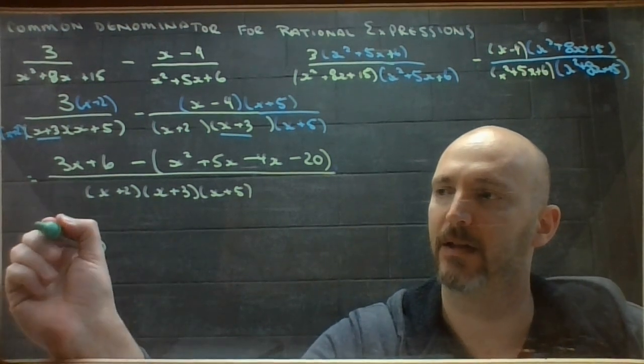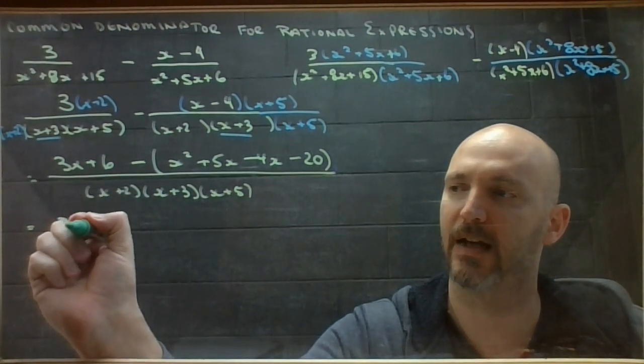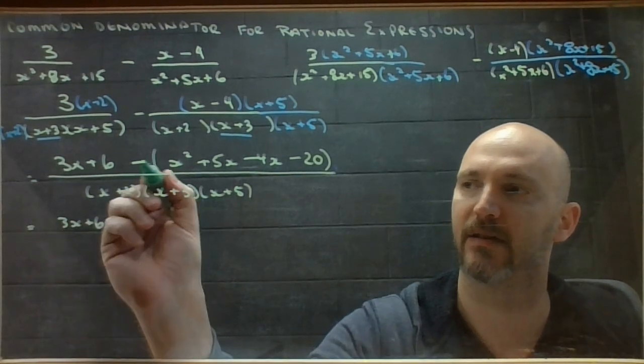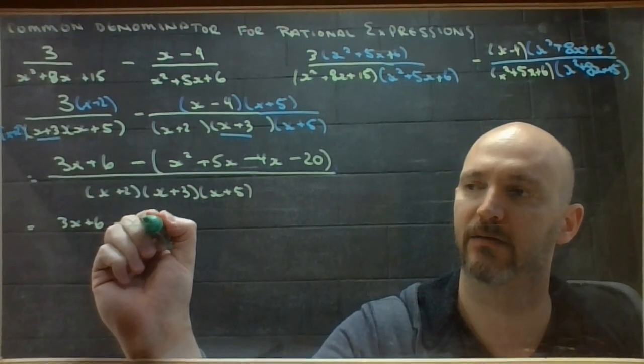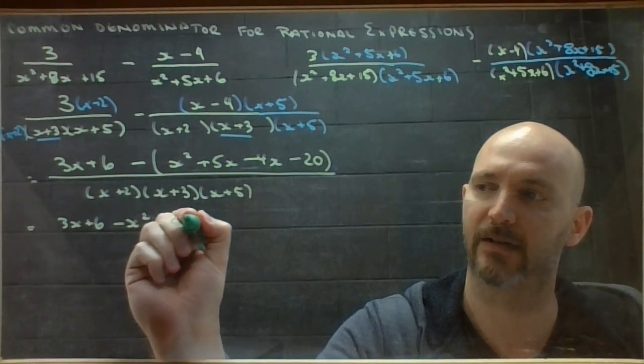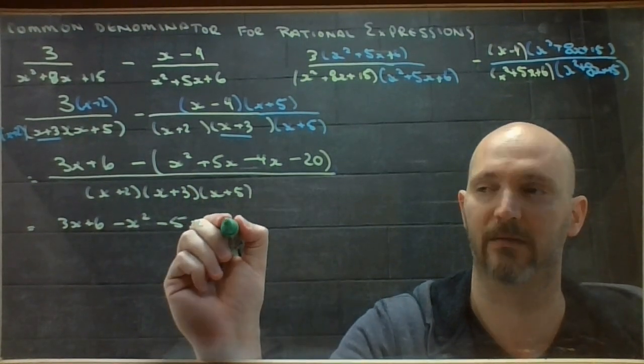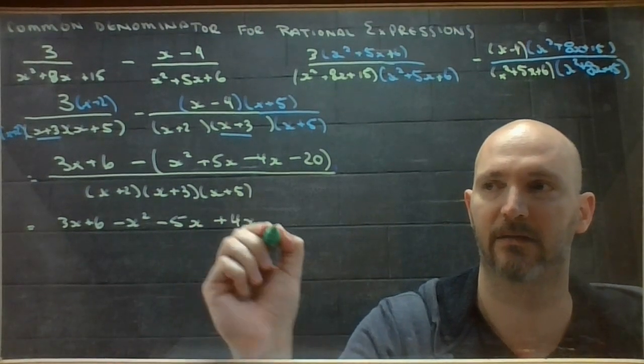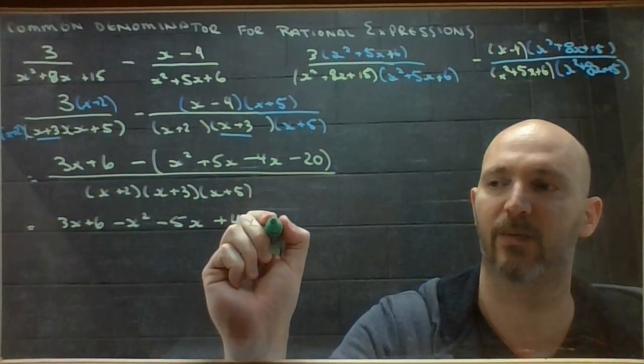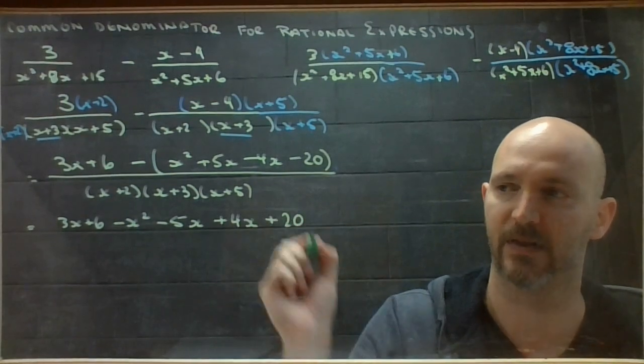I keep going to clean this up. I've got 3x plus 6, subtract x squared, subtract 5x, subtract negative 4x, which is this, subtract negative 20, that.